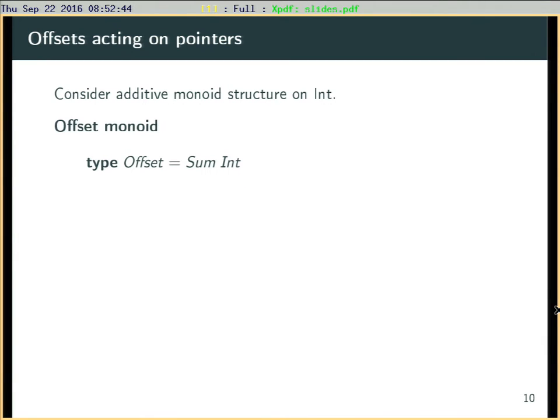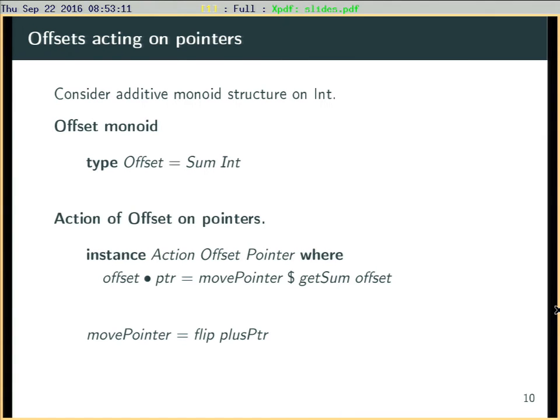So now to get back our serialization, we start with the additive structure on integers. I choose to call it the offset monoid because it measures the offset in a buffer. So I'm interested only in the additive monoid structure of it.